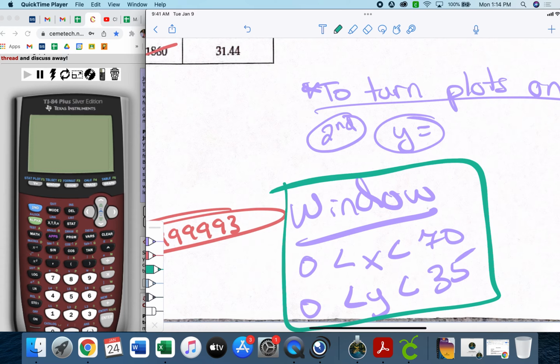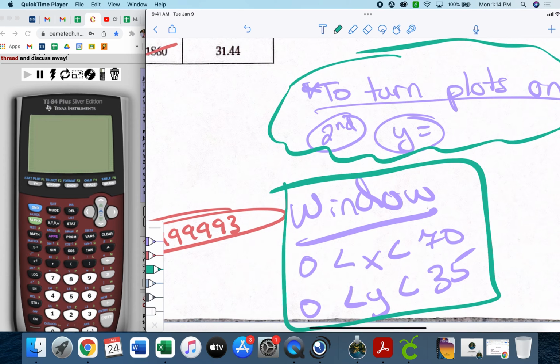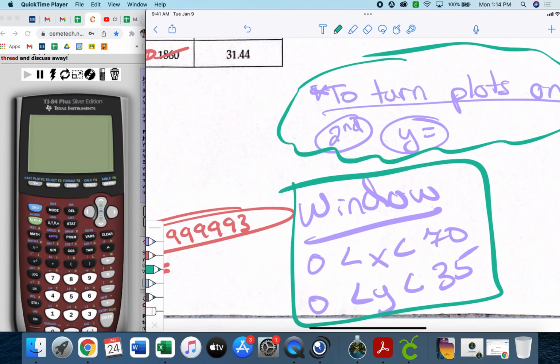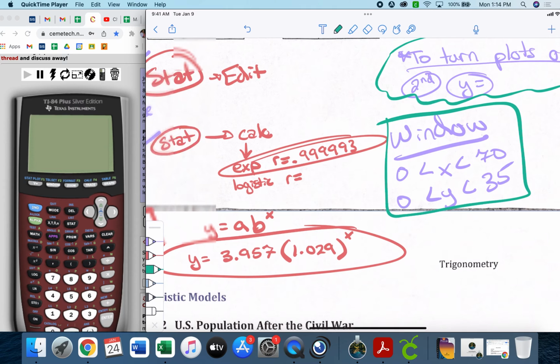We've turned our plots off before, because typically when we're graphing y equals functions, we want our plots off so it's not graphing lines and dots at the same time. So you might have to turn your plots back on, and you do that with second y equals.